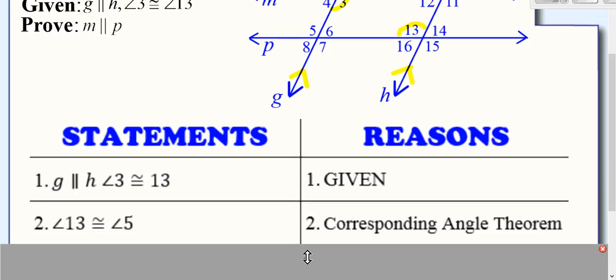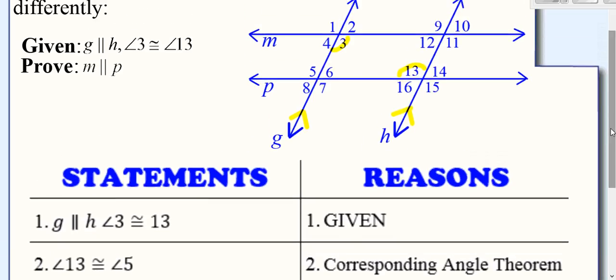So in this case, we're going to take angle 3 to angle 13 to angle 5. Now, we know we wanted to use angle 13 because that was one that was in our given. And we're going to take it and say it's congruent to angle 5 because they are corresponding across those parallel lines there. So they are corresponding. But then we also know that we can tie 3 and 5 together here in just a minute.